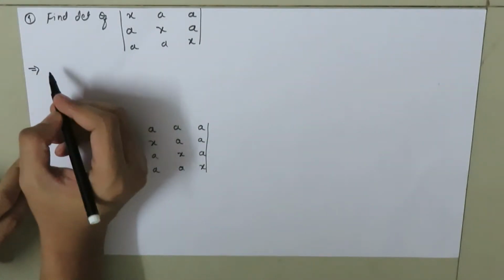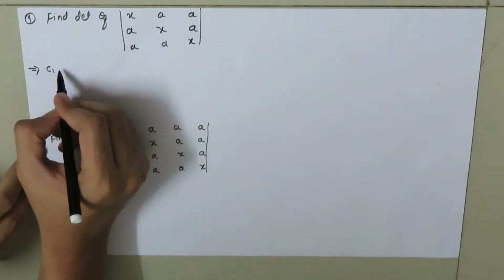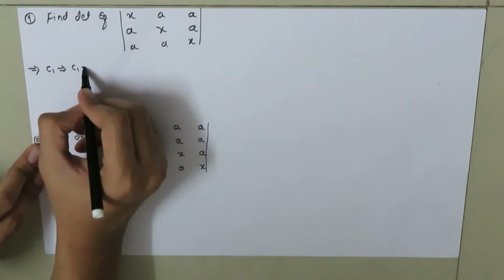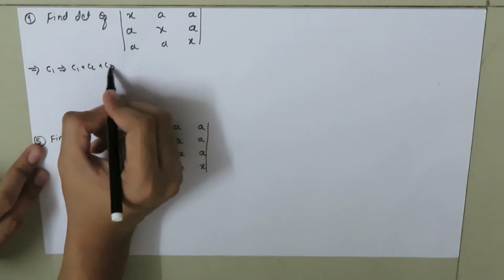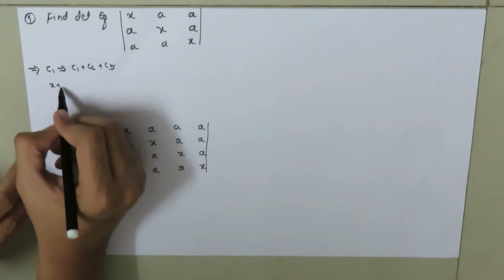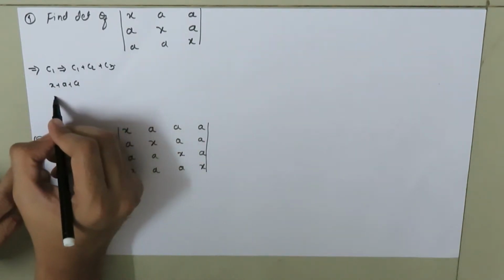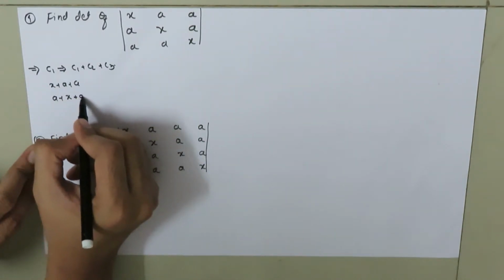Let us take another example. So here we have our next question. In this case, in very similar fashion, let column 1 be column 1 plus column 2 plus column 3. So this will be x plus a plus a. This will be a plus x plus a.